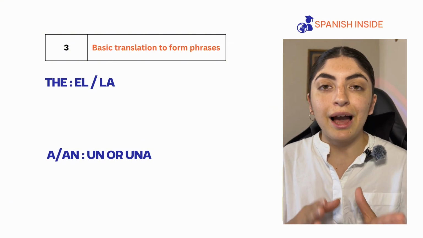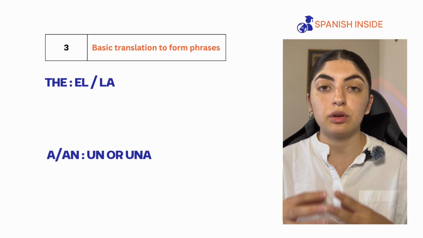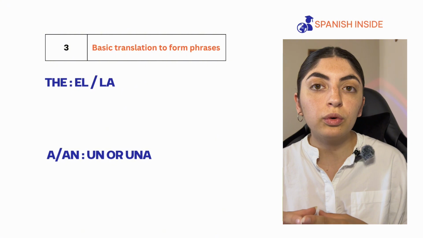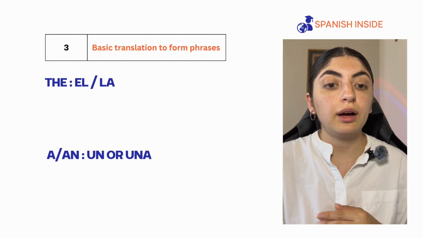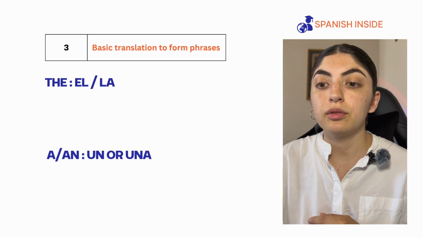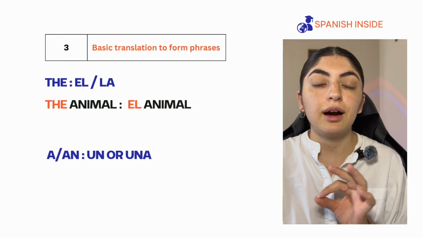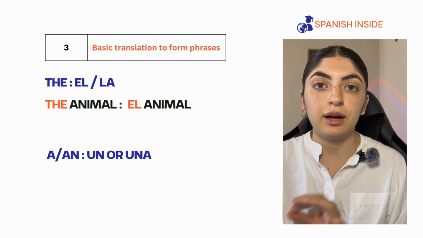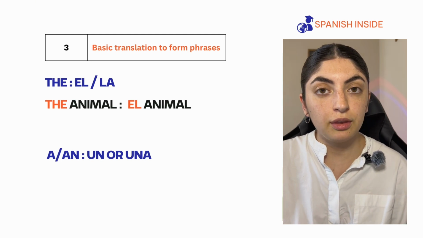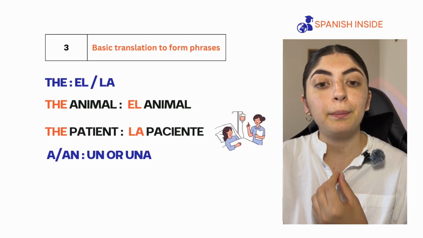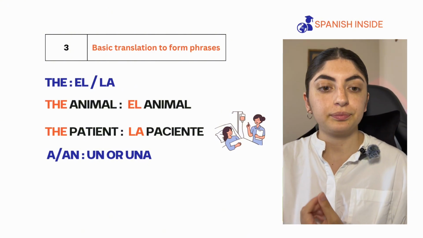Then we have "a, an." You will translate this as un or una. Again, un for masculine, una for feminine. For example, the animal, el animal. Then, the patient, if it's a girl, would be la paciente.